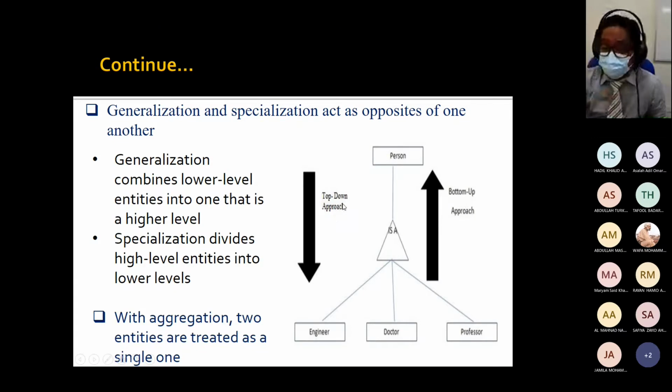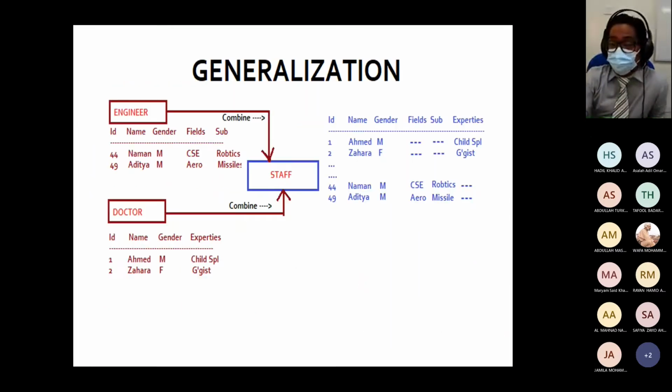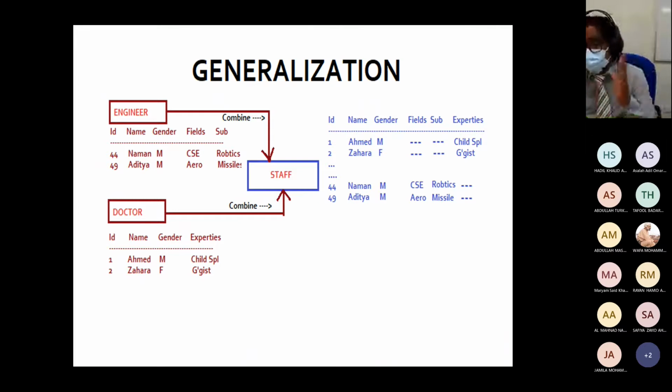Specialization goes top-down, because from one entity it divides into smaller parts, low-level entities or low-level sub-levels, actually, that's the correct word. Generalization is just combining them. If you combine them, they will be together in one report in raw format. Suppose you have staff from 1 to 49, whatever specialization they have, they will be in one row, pretty much like a spreadsheet.